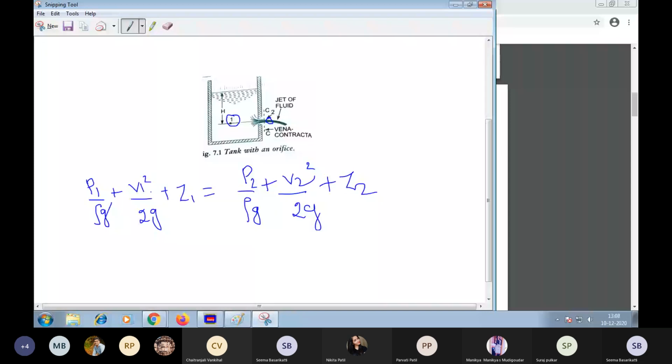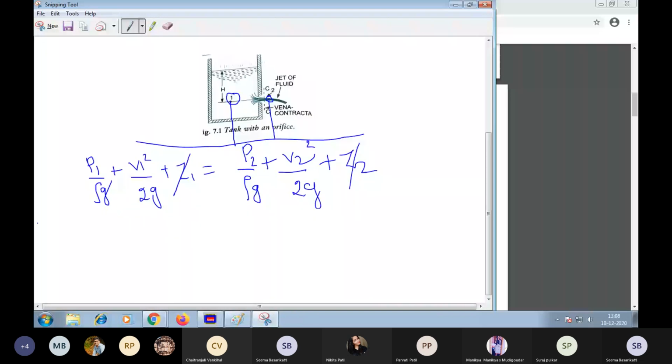When you draw a datum, the heights Z1 and Z2 are equal, so the terms Z1 and Z2 cancel. Finally we end up with the equation P1 by rho g plus V1 square by 2g equal to P2 by rho g plus V2 square by 2g.